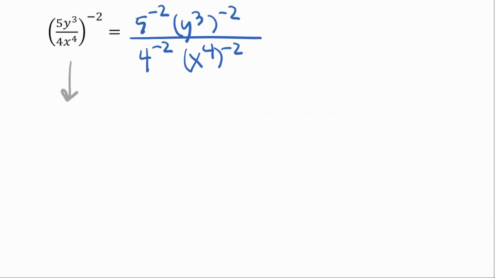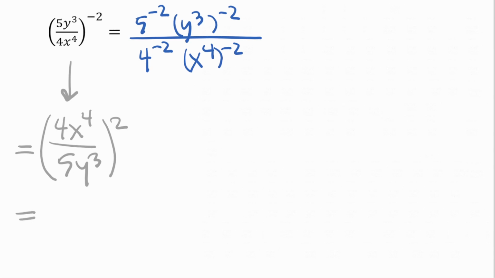The negative would take this fraction and flip it, right? And then we'd still be left with the positive 2 power. And then I would just square everything. 4 squared, x to the 4 squared, divided by 5 squared, y to the 3 squared. I don't like that better, maybe, but it's alright.